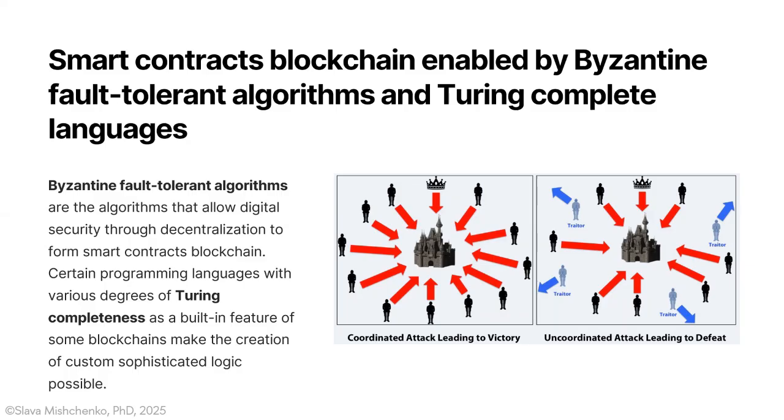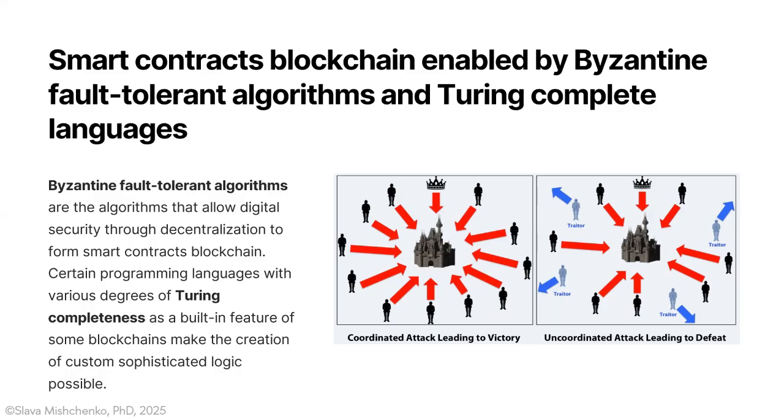And what makes this even more powerful is the implementation of Turing-complete programming languages, because these languages allow us to create sophisticated smart contracts that can handle complex logic while maintaining security.